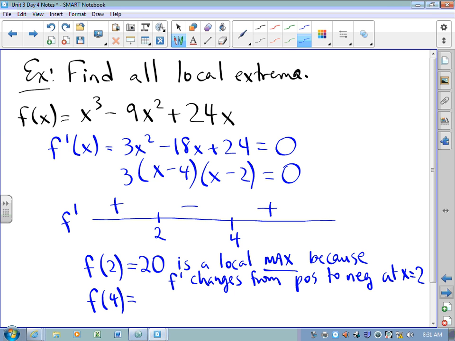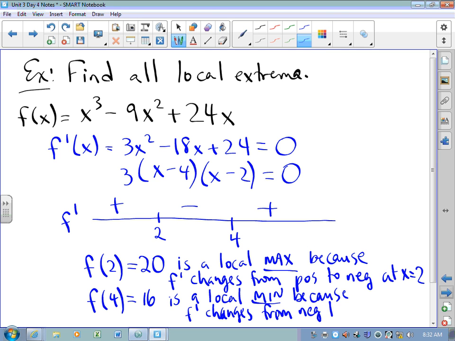Similarly, f of 4, which happens to be 16, is a local min because f prime changes from negative to positive at x equals 4.